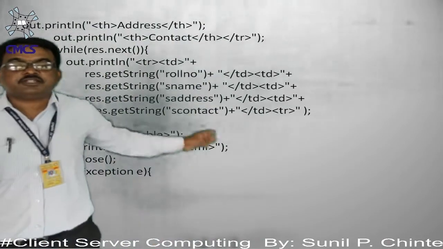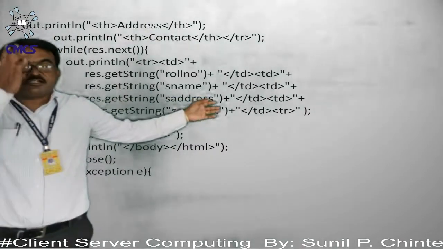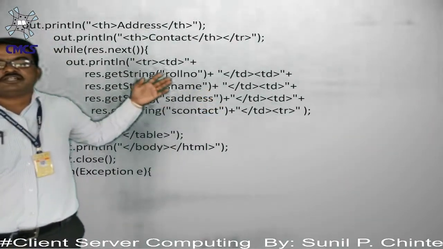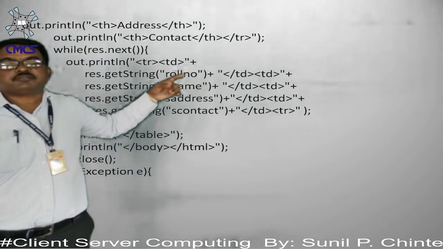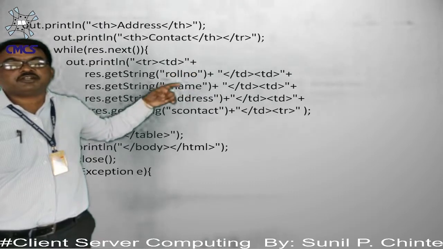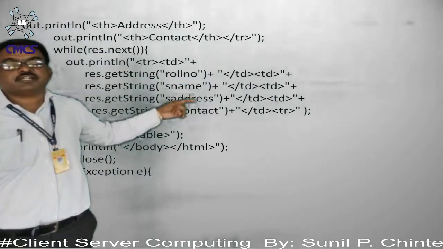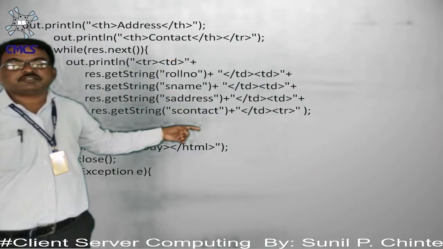This is the syntax through which we get the information from the database, that is getString with the column names. These are the column names of your database: roll number, sname, saddress and scontact are the column or attribute names.